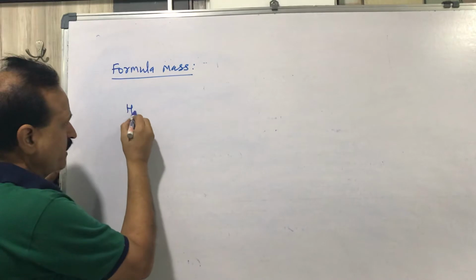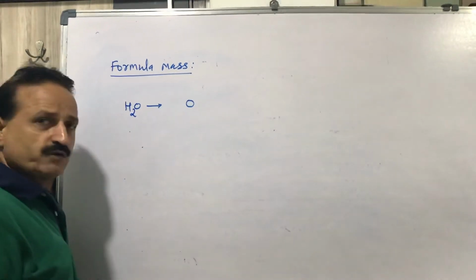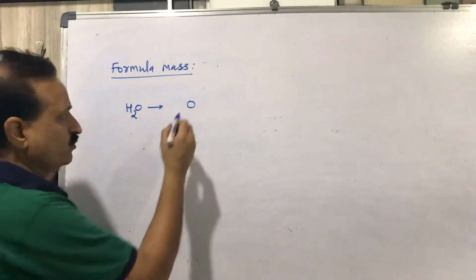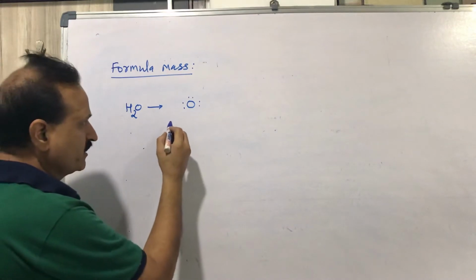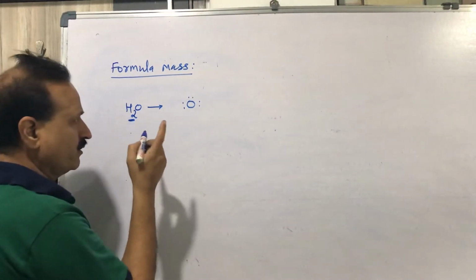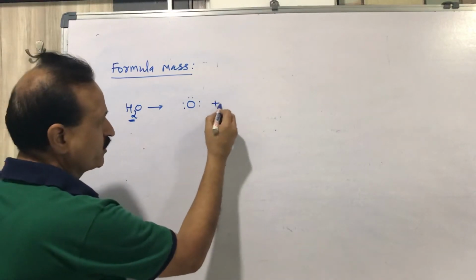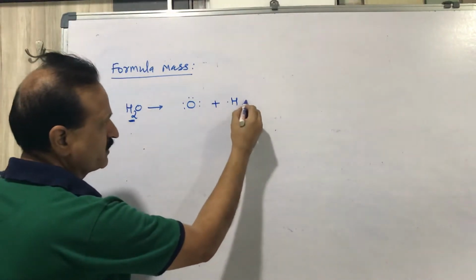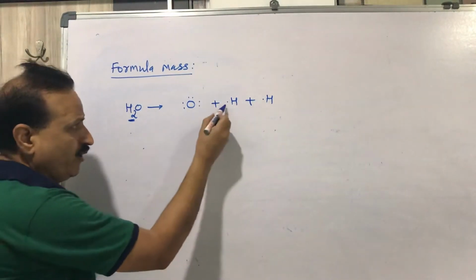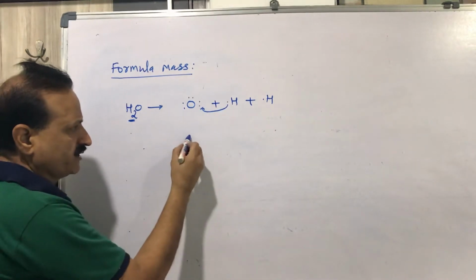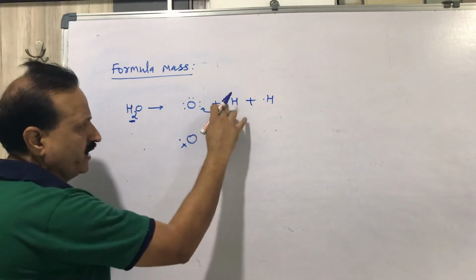H2O means what? Oxygen has 6 outermost electrons, so we have 6 electrons over here. Each hydrogen has 1 electron. Now, each hydrogen shares its 1 electron with oxygen: this is the 1 electron of oxygen, this is the 1 electron of hydrogen.